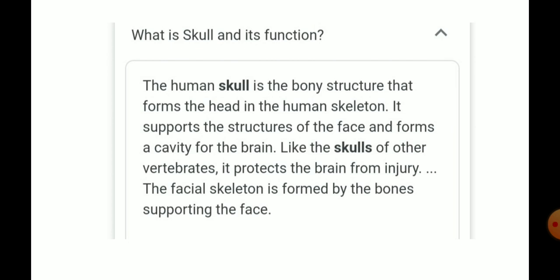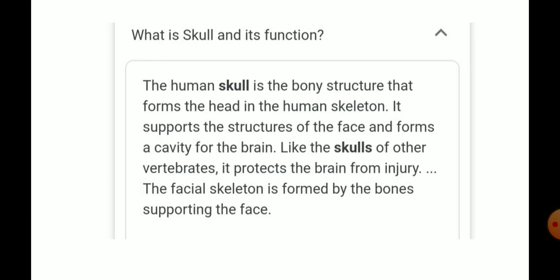The human skull is the bony structure that forms the head in the human skeleton. It supports the structures of the face and forms a cavity for the brain. It protects the brain from injury. The facial skeleton is formed by the bones supporting the face.